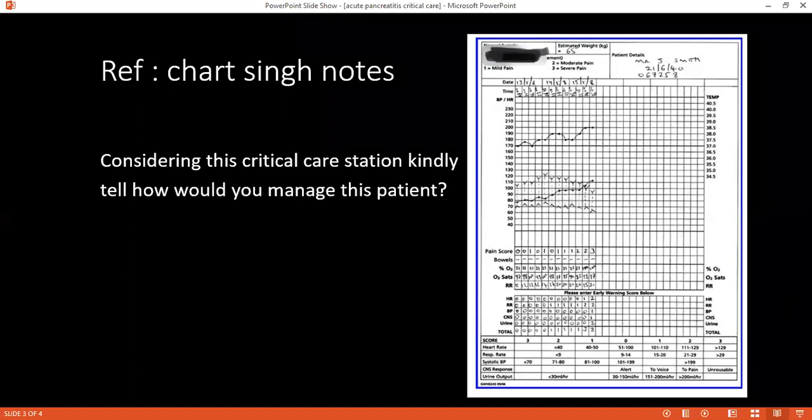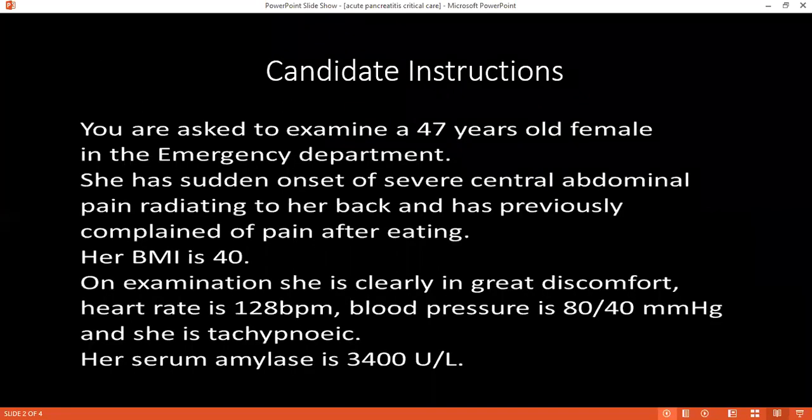So if you have read and understood, considering the critical care scenario, kindly tell me, how would you manage this patient now? Ma'am, first I would like to start with airway, breathing and circulation assessment.